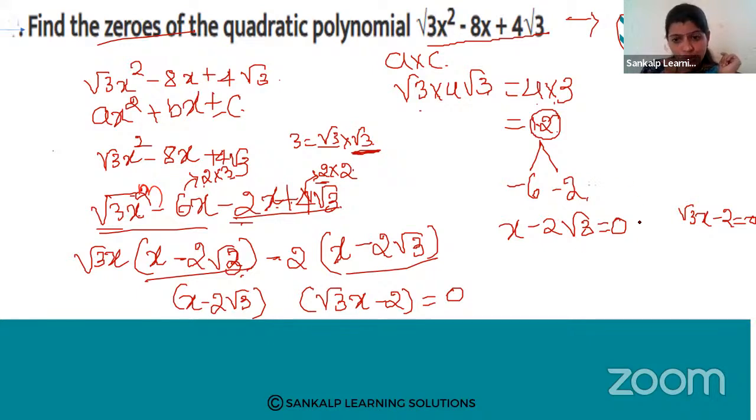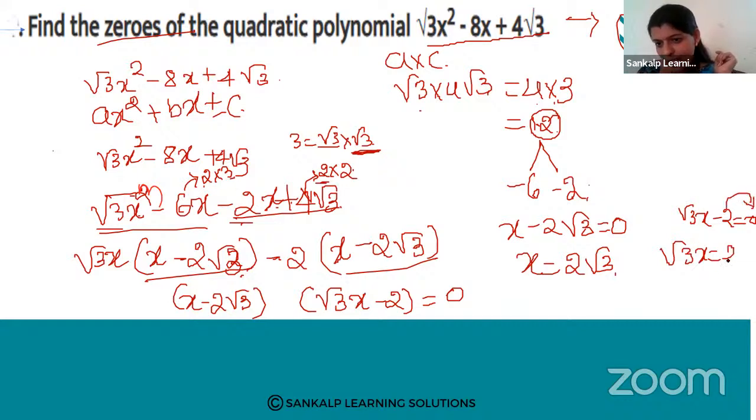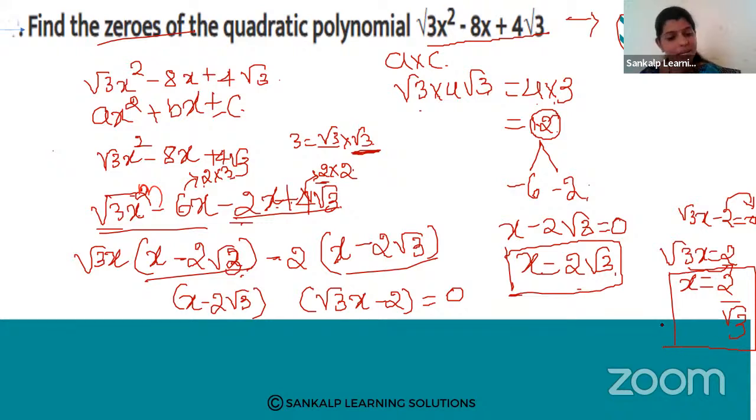Transfer this minus 2 root 3 to this side, then x is equal to 2 root 3. Root 3x is equal to, transfer this minus 2 to this side, it becomes plus 2. X is equal to 2 divided by root 3. So two zeros are x is equal to 2 root 3 and x is equal to 2 divided by root 3.